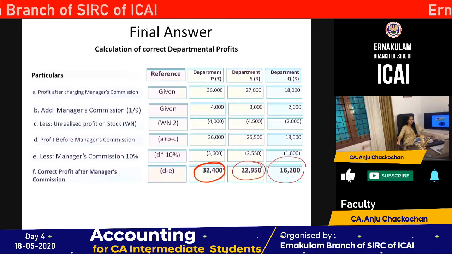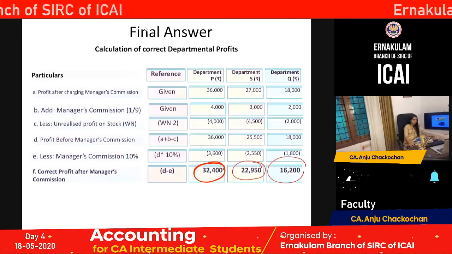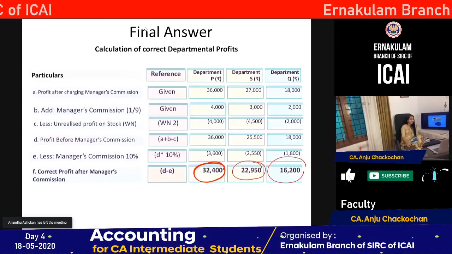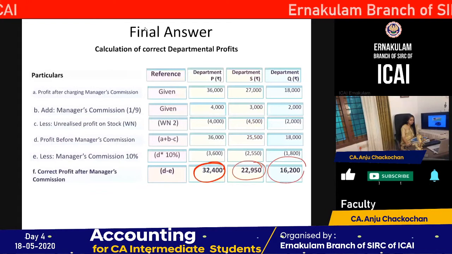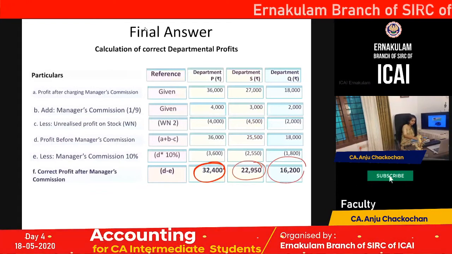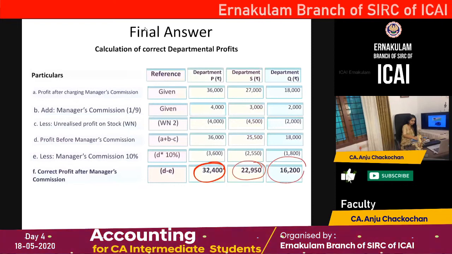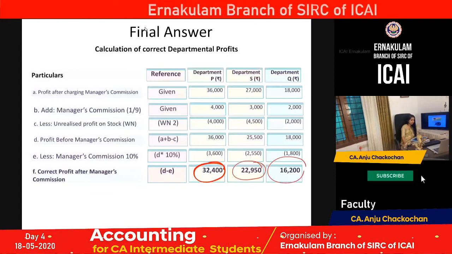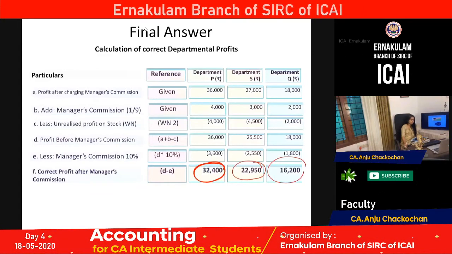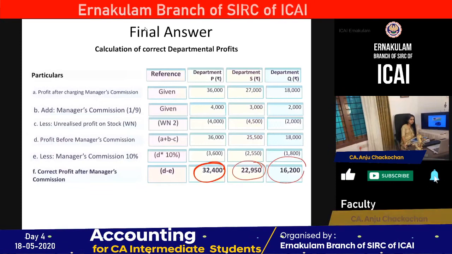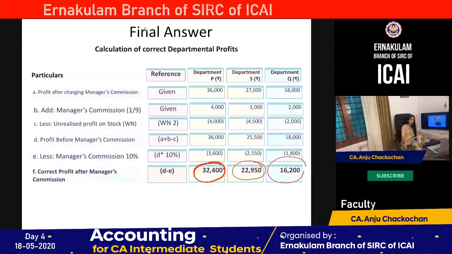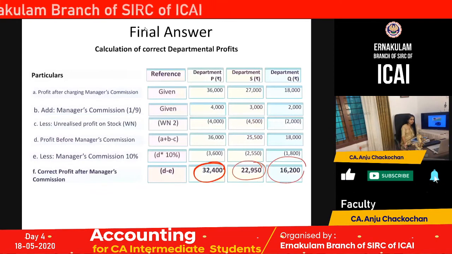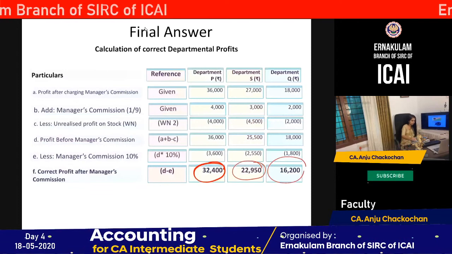All done, students? Everyone? If you are done, please give me a message so that we can move on to the next question. Okay, give me a message. Screen not visible. Okay, let's see. Is it visible now? Is it visible now, Harshita? What about others? Is there any issue regarding the screen? Okay, George, good. Is it okay, Harshita, now?